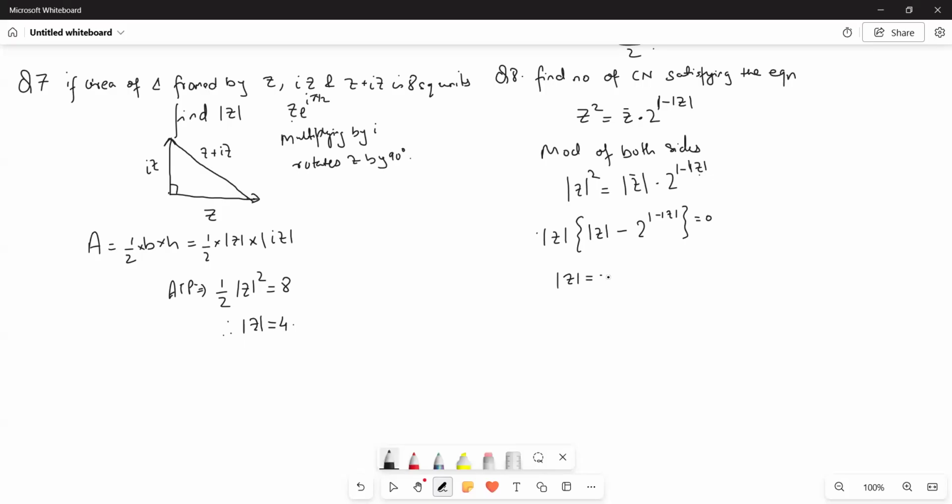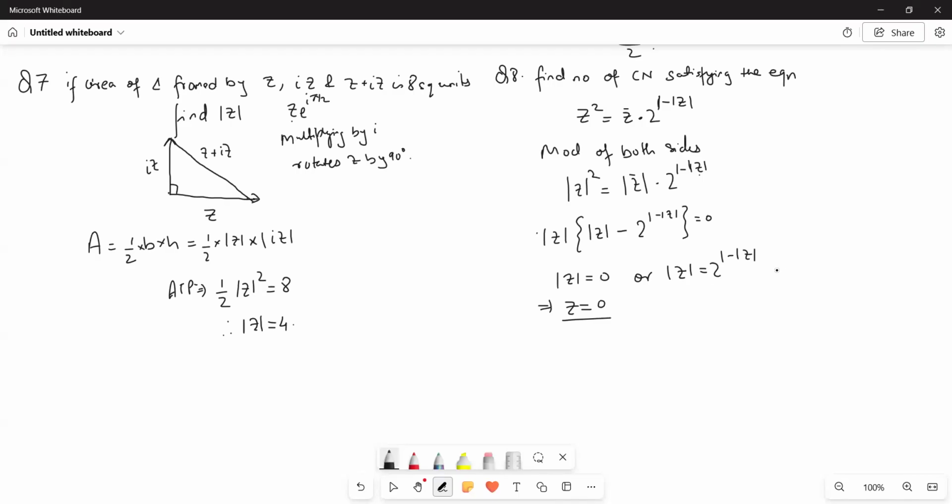So either mod z is equal to 0 or mod of z is 2 to the power 1 minus mod z. तो mod z इक्वल टू 0 तो सिर्फ एक कॉम्प्लेक्स नंबर के लिए होता है, z इक्वल टू 0, तो एक सोल्यूशन तो ये हो गया.